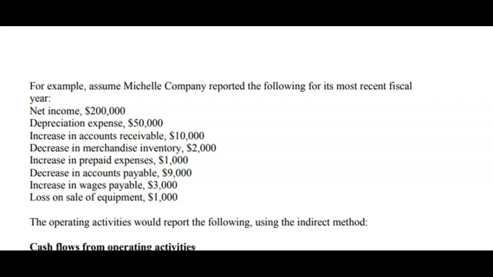So you have the net income, you have your depreciation, you have increase in account receivable, decrease in merchandise inventory, increase in prepaid expenses, decrease in account payable, increase in wages payable, loss on sale of equipment. So these are entries.